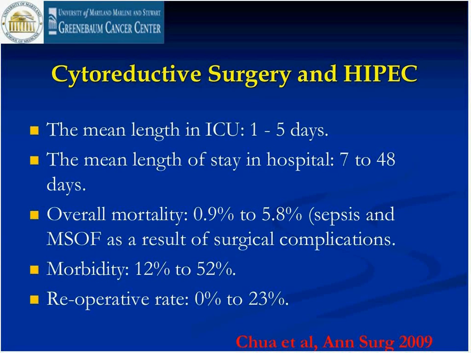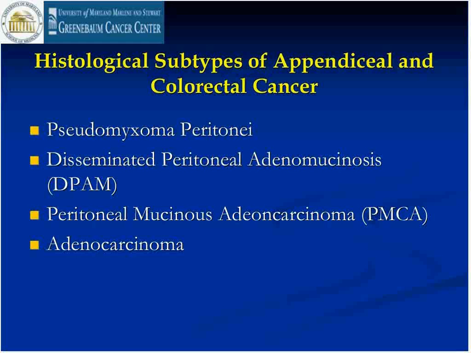Morbidity ranges anywhere between 12 to 52%, and the reoperation rate is anywhere between 0 to 23%, usually related to bleeding or an anastomotic leak or infection within the abdominal cavity that needs to be explored and operated upon to promote recovery and healing of the patient.